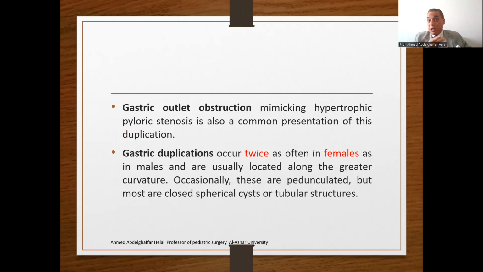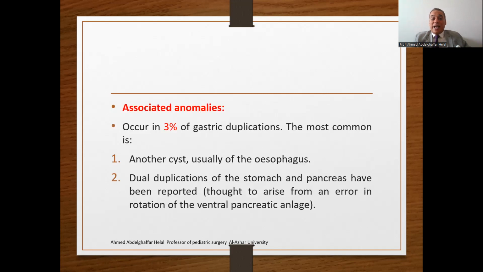Gastric duplication occurs twice as often in females as in males, and is usually located along the greater curvature. Occasionally they are pedunculated, but most are closed spherical cysts or tubular structures related to the greater curvature of the stomach. Associated anomalies in about 3% of gastric duplications may be other cysts, usually in the esophagus.